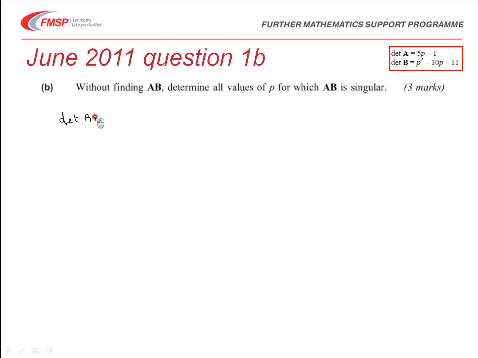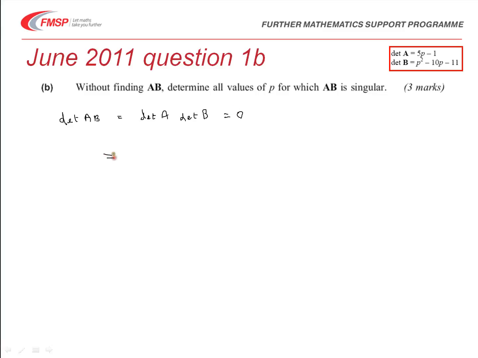Well, the key thing we need to remember is the determinant of AB is the same as the determinant of A multiplied by the determinant of B. And for it to be singular, this must equal 0.